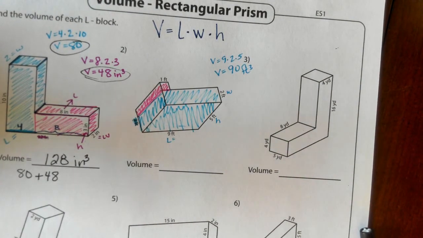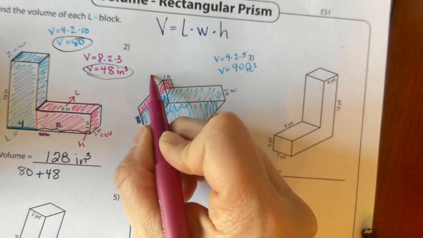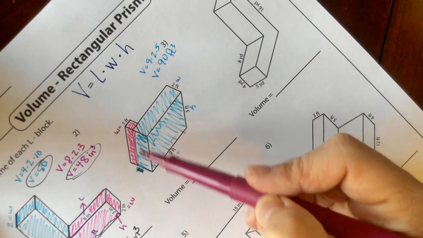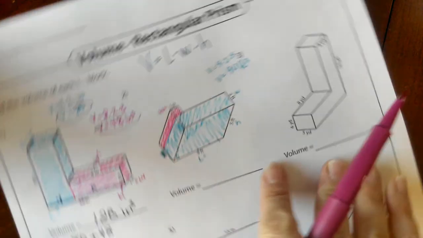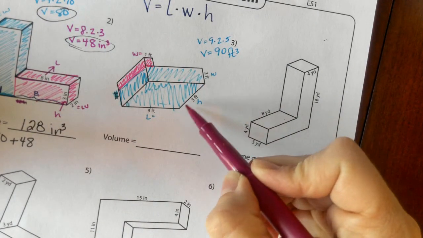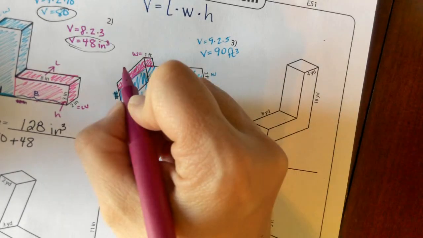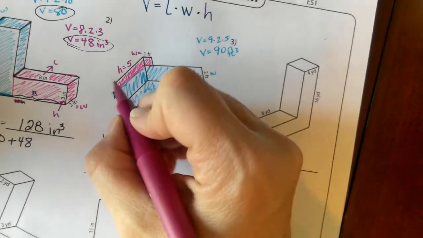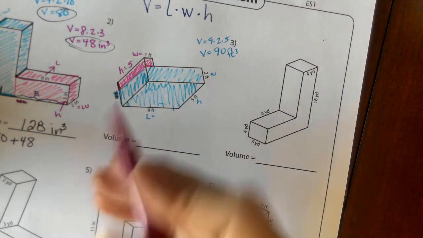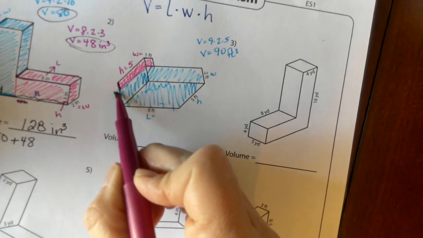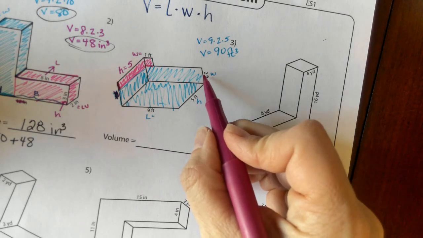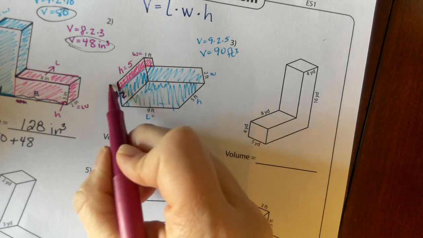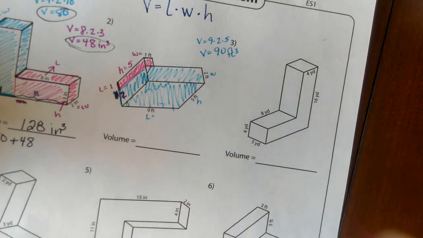Then going back and looking at the pink, we know it has a width of 1. Again, if you looked at both shapes, they're both the same height. So we said the height of the blue rectangular prism is 5, so the height of my pink rectangular prism is 5. Now figuring out its length. Remember, the pink and the blue together were 3, and we knew we weren't going to use that. So we know that the blue was 2, and together they have to be 3, so the length is going to be 1.